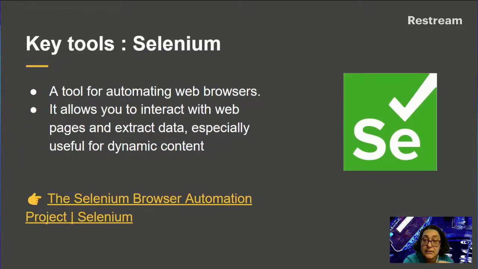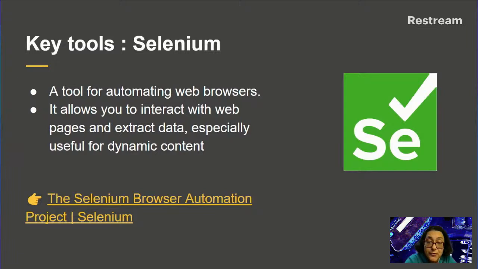And the final one I would highly recommend is Selenium. That one is an interesting one because it doesn't necessarily involve you writing it in Python. It has an alternative way of extracting information. It can be a browser extension as well.